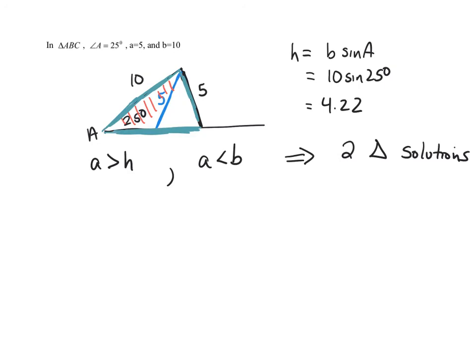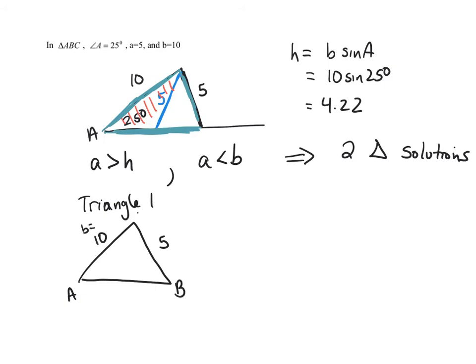So what I'm going to do is draw two pictures and solve them both separately. I'll make triangle 1 the bigger triangle. It's going to look something like this. We have A, we have 10, and we have 5. This, of course, is side B, this is angle B, this is angle C, this is little side A, and this is little c.